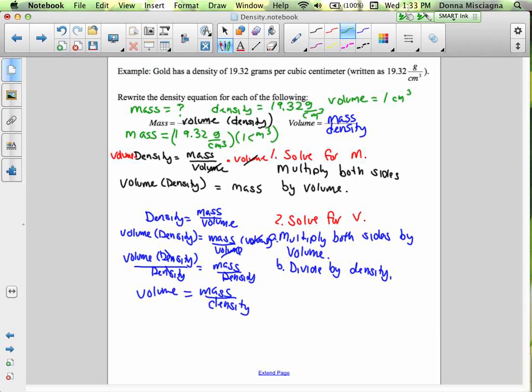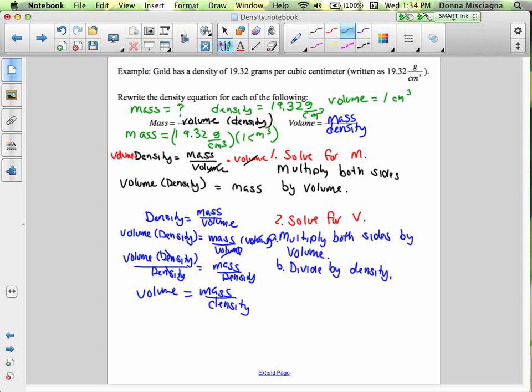So now, if we multiply 19.32 grams per centimeter cubed by 1 centimeter cubed, what would we get as our volume? Excuse me, not our volume, our mass. So what would our mass be? 19.32 grams.